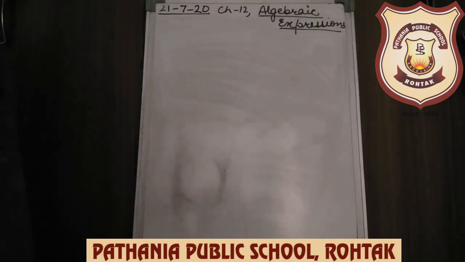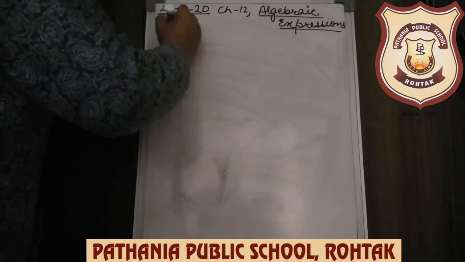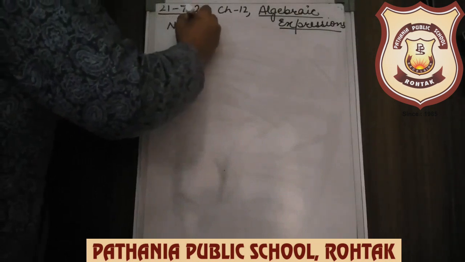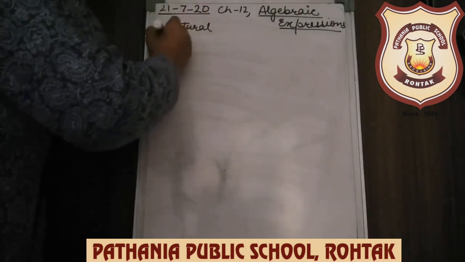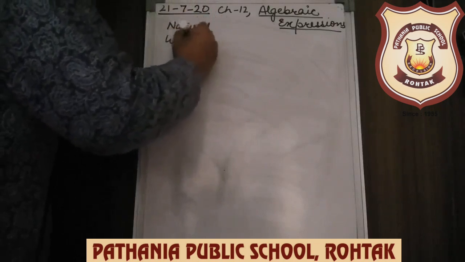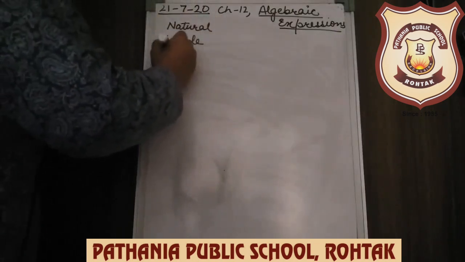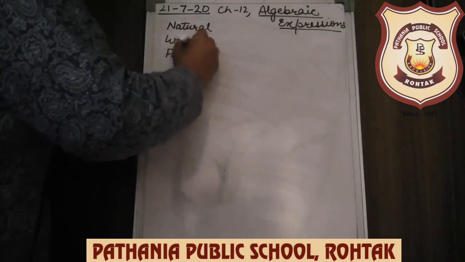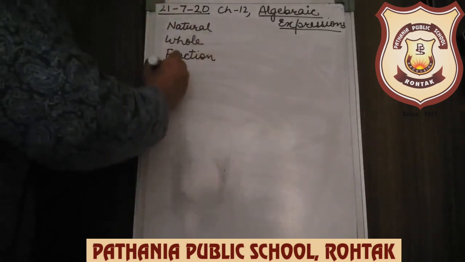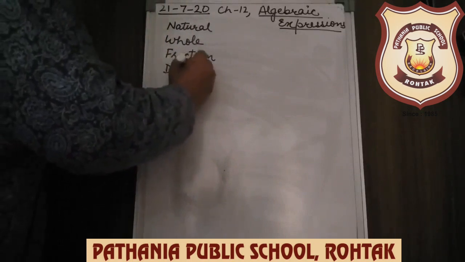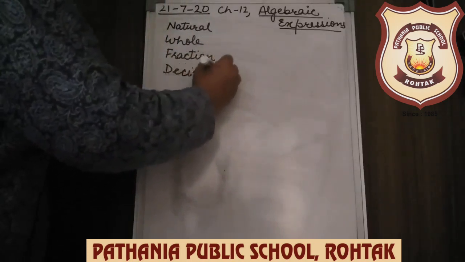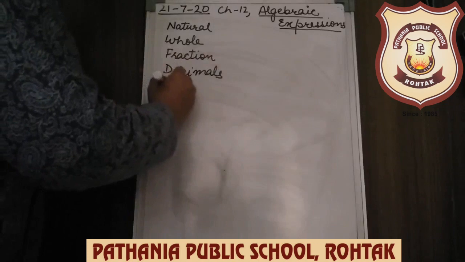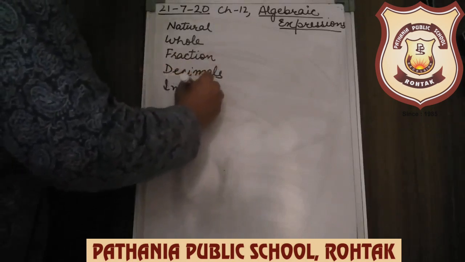Now in your previous chapters and classes you have studied about natural numbers, then you have studied about whole numbers, then you have studied about fraction or fractional numbers, then you have studied about decimals, and then you have studied about integers.